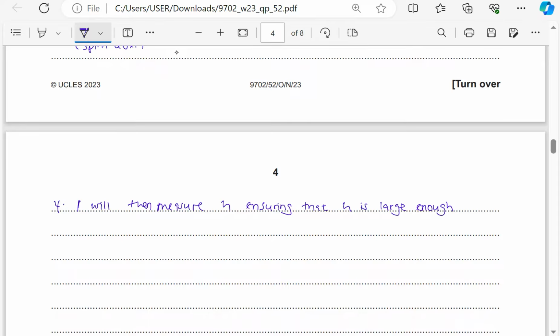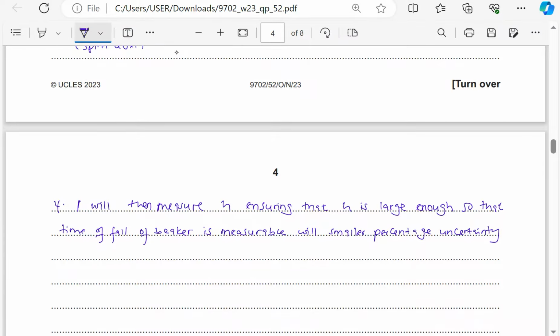But I will be credited for ensuring that H is large enough so that the time of fall of the beaker is measurable with a smaller percentage uncertainty.